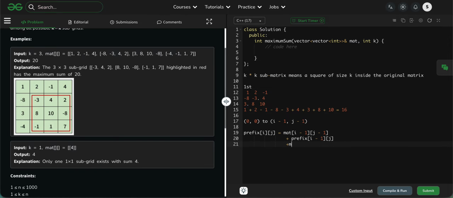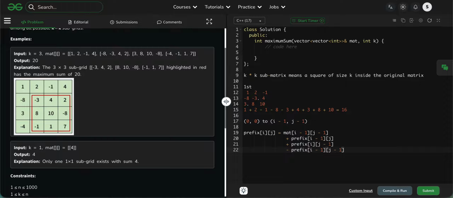And plus prefix of i to j minus 1, and then minus prefix of i minus 1 and j minus 1. This is right. Then a rectangle's sum can be found in order of 1.